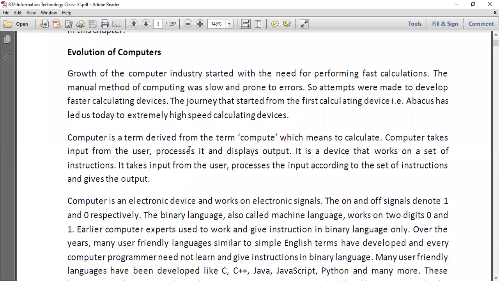Compute का मतलब है calculate करना, to find out, to calculate certain things, right? All computers have a simple common working scenario. Every computer takes input from the user, processes the input, and gives you the output. This is the basic structure of each and every computing device.